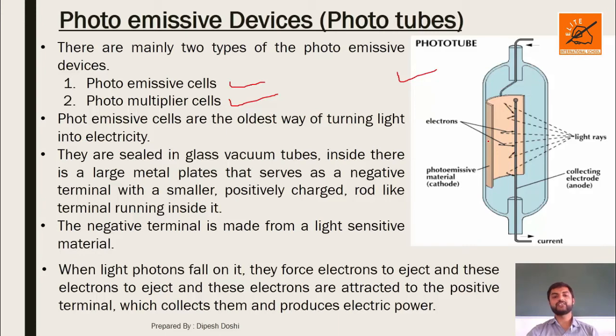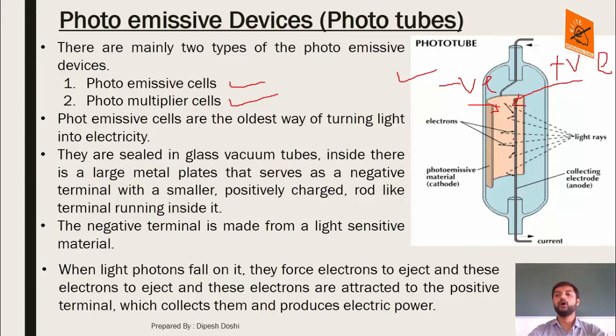In the construction, there is a glass vacuum tube, and inside that there is a large metallic plate that serves as the negative plate, and there is one smaller terminal. This can work as the positively charged plate, and that positive terminal works as a rod.